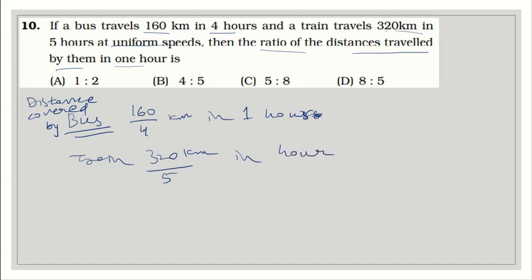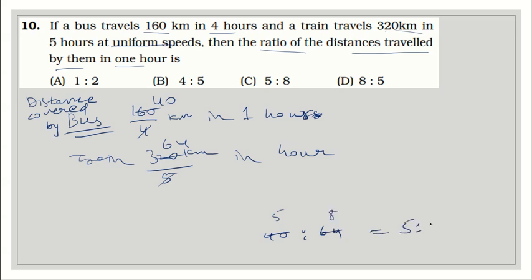So what is 160 by 4? It gives 40 kilometers. What is 320 by 5? It is 64 kilometers. Now they are asking us to find the ratio of the distance travelled by them in 1 hour. The bus travels 40 and the train 64, so 40 is to 64. 8 5s are 40, 8 8s are 64.